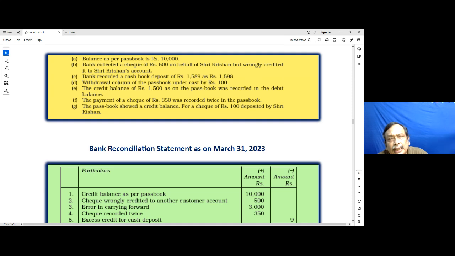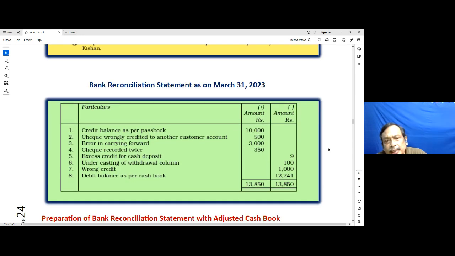Now bank collected a check of rupees 500 on behalf of Sri Kishan but wrongly credited it to another customer's account. So bank balance as per passbook is to be increased. That's why 500 is to be added.